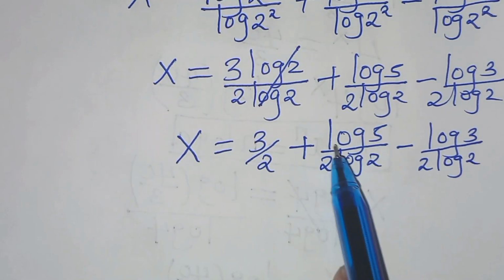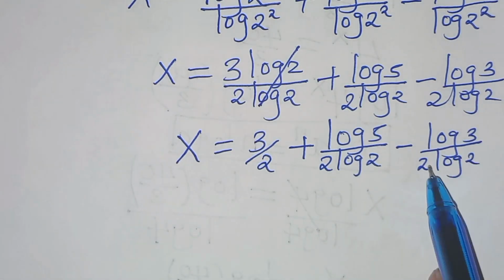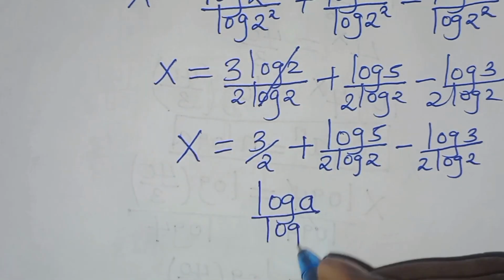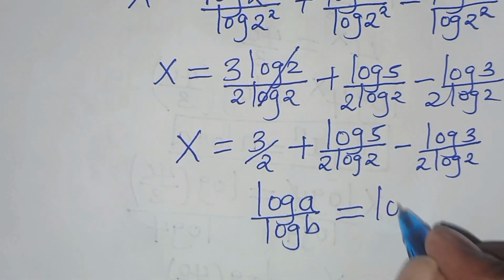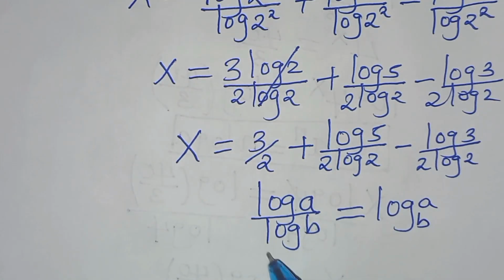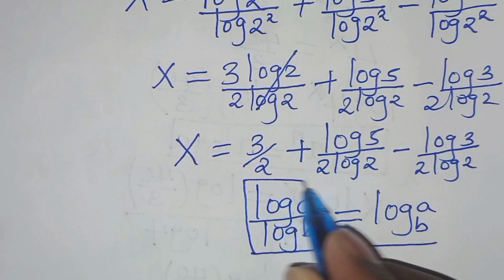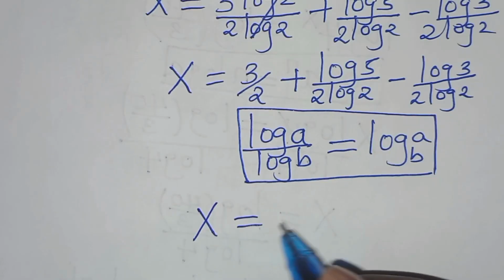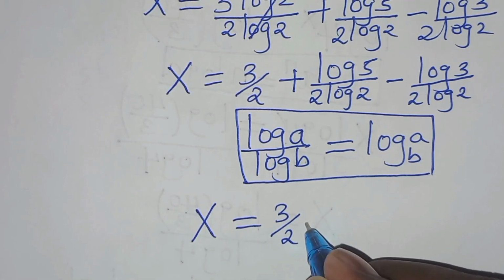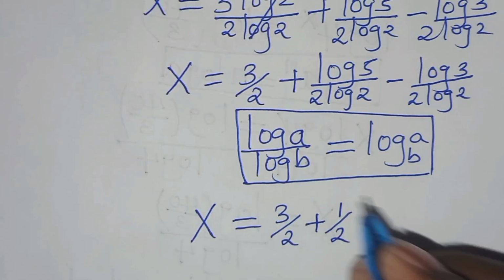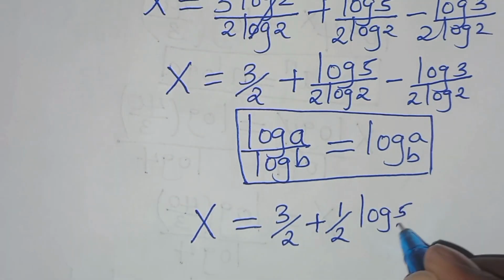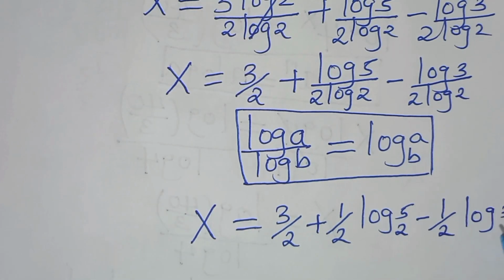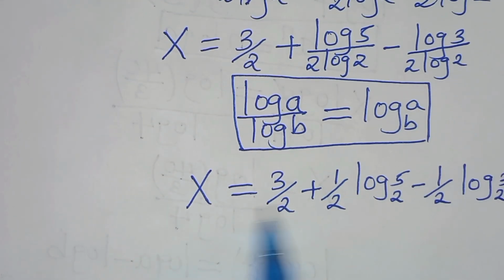The next step from here, log 5 divided by log 2 and log 3 divided by log 2, this is in the form of log A divided by log B, which we can express as log A to base B. Applying this logarithm property, then you find that x is equal to 3 over 2 plus a half log 5 to base 2 subtract a half log 3 to base 2. So this is the value of x.